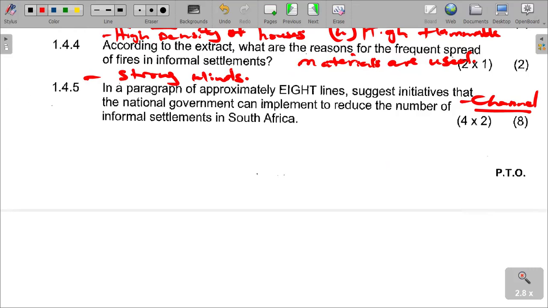So what are these? One, we talk about land expropriation.